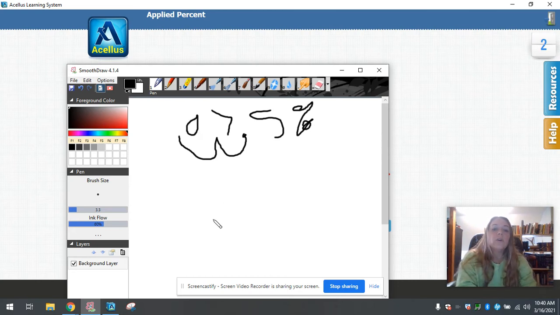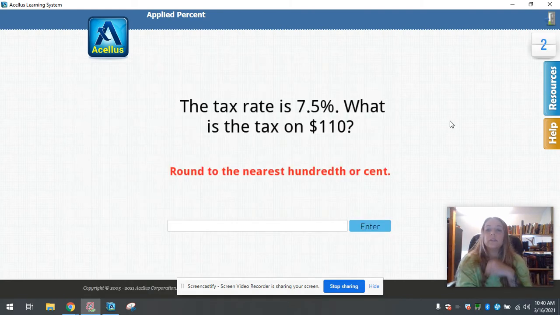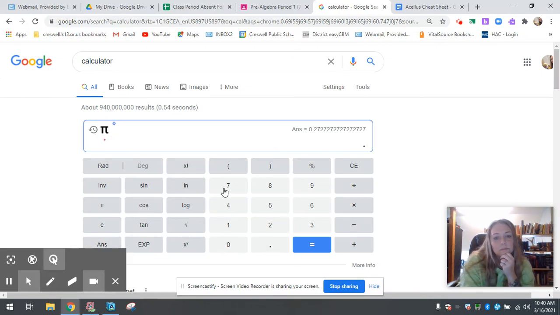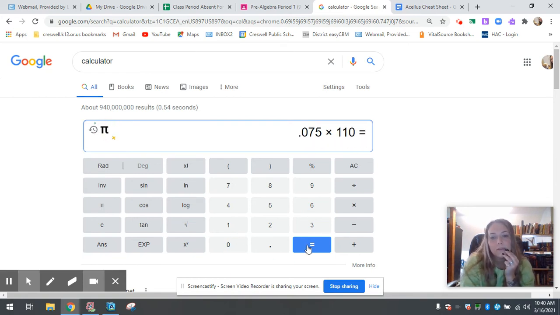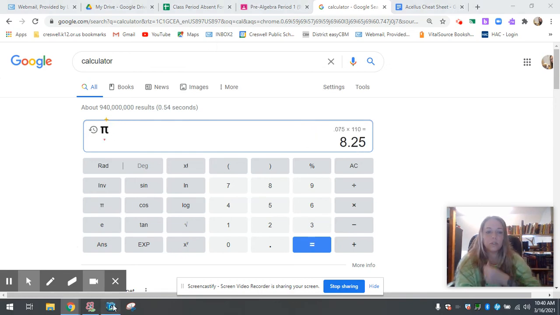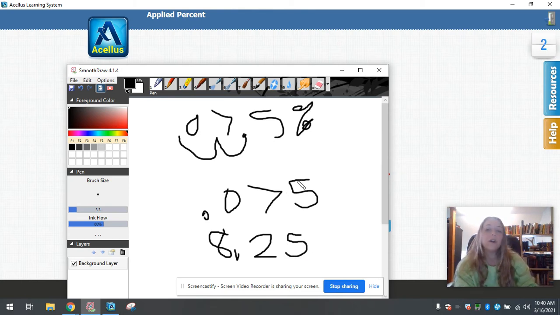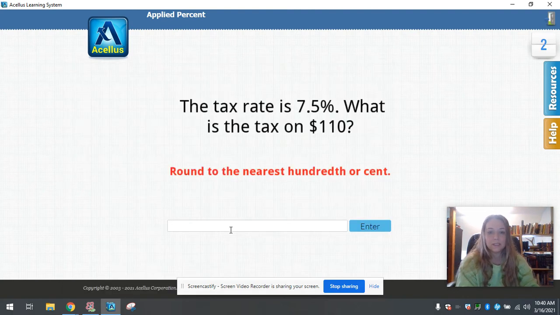Fill in that 0, so I get 0.075. Now I go 0.075 times 110 in my calculator, and I get $8.25. So I'm getting taxed $8.25. My boots were $110, but when the cashier rings me up, she's going to say, you owe $118.25 because of this tax amount.